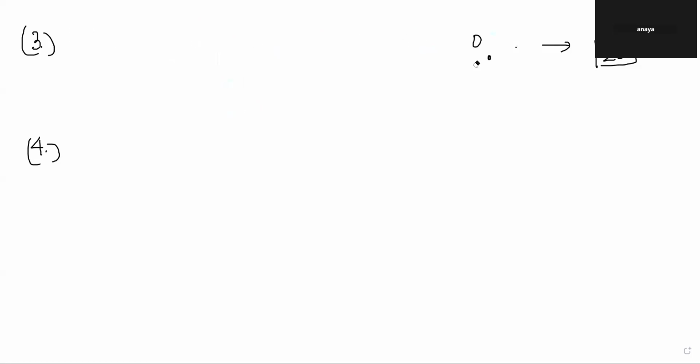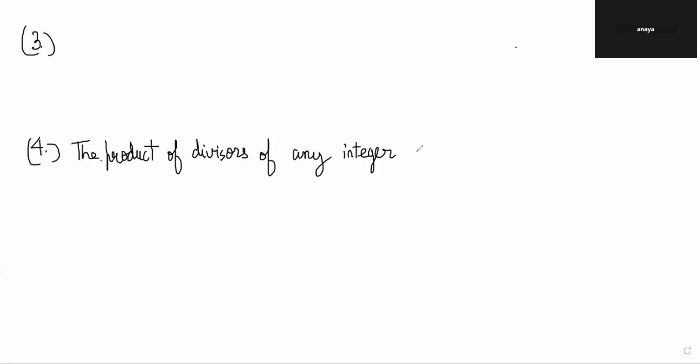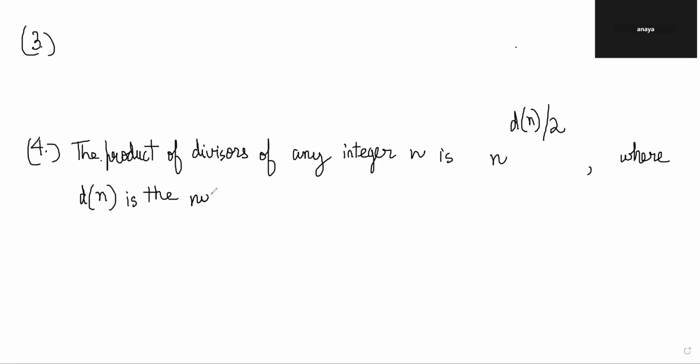It says that the product of divisors of any integer n is n to the power d of n by 2, where d of n is the number of divisors of n.